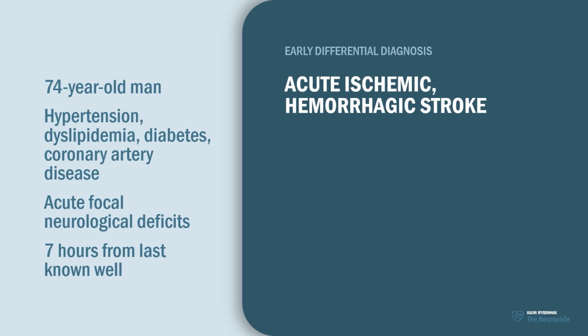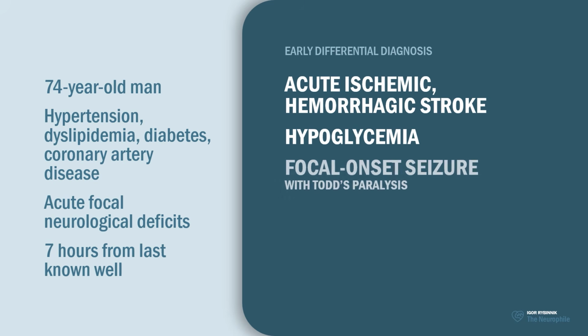Yes, but what else? The differential diagnosis of acute focal neurological deficits includes cerebrovascular pathologies, ischemic and hemorrhagic stroke, metabolic derangements, especially hypoglycemia, focal onset seizure or status epilepticus with Todd's paralysis.